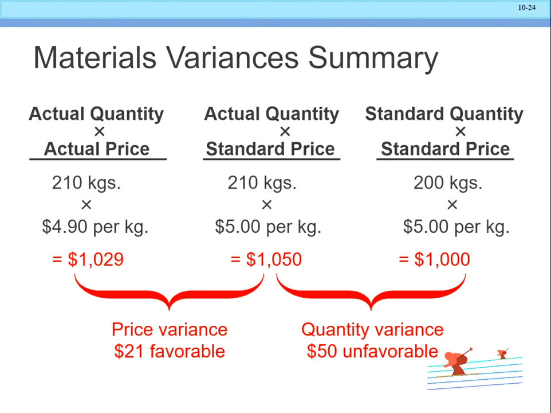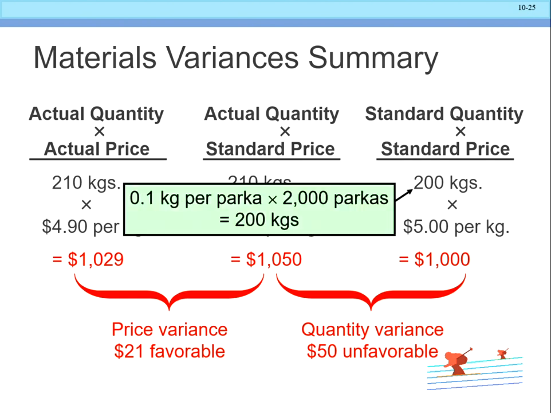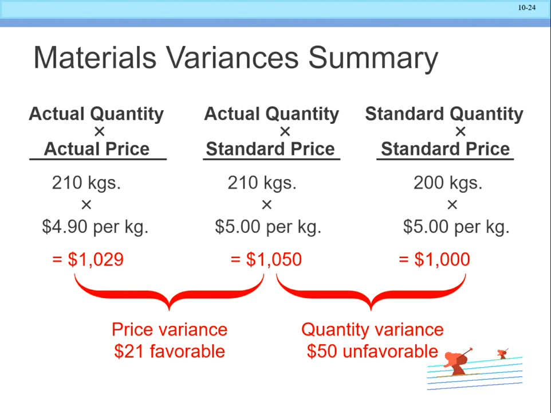So we are now saying the actual quantity is 210 kgs times $4.90 per kg. Here, $4.90, we have just taken the 1,029 that we paid, divided by the units that we bought, which is 210. That gives us that $4.90.